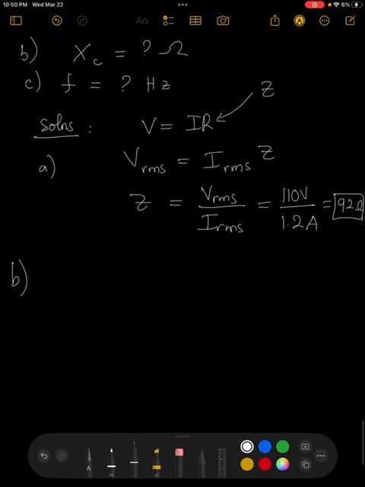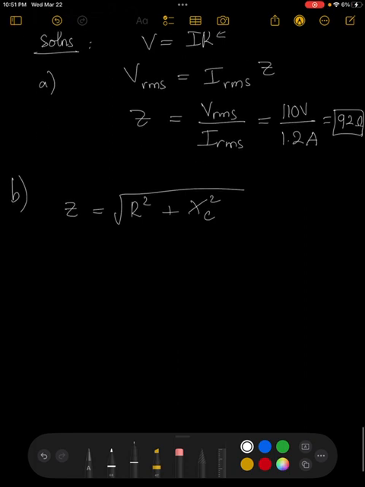From our equation, the total impedance is given by Z squared equals R squared plus XC squared.